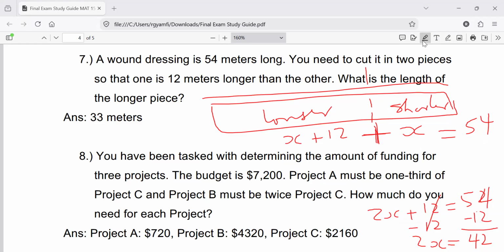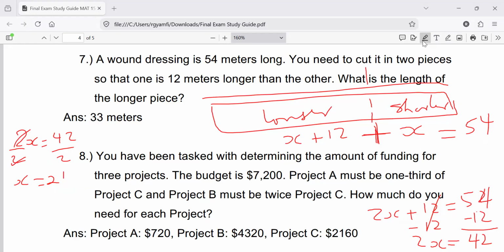Divide both sides by 2. And if you do that, x equals 42 divided by 2, which is 21. But the problem asks, what is the length of the longer piece?